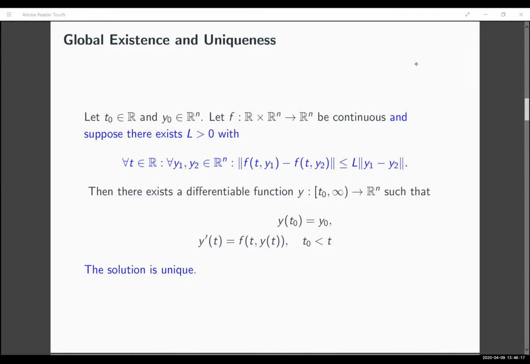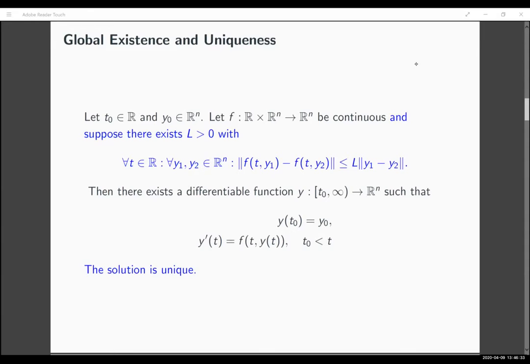So if you've got an initial value problem, in order to apply this result, we need to take a look at f, and then we check whether it is defined for all times t and vectors y.